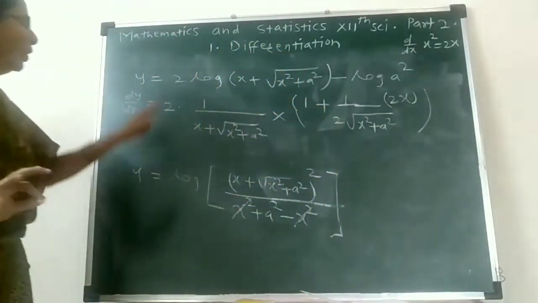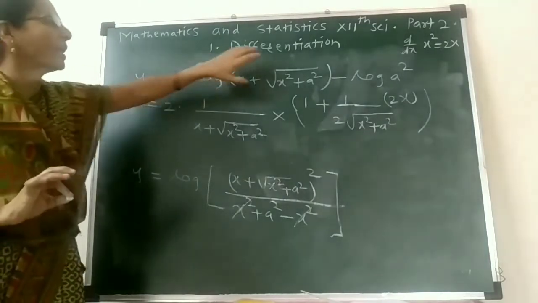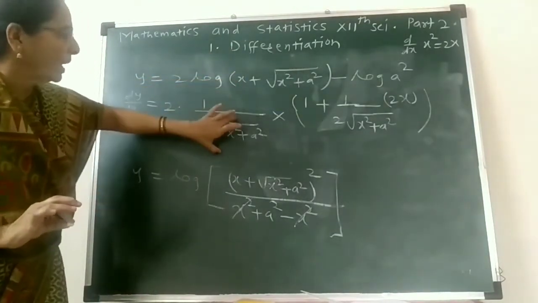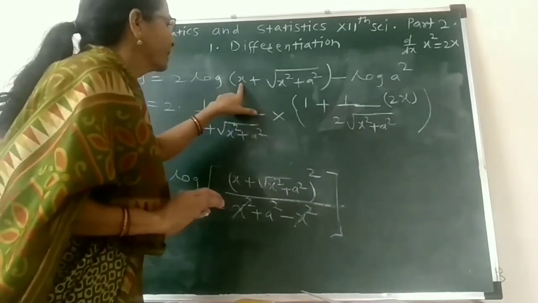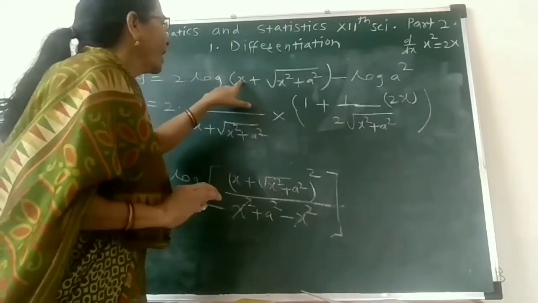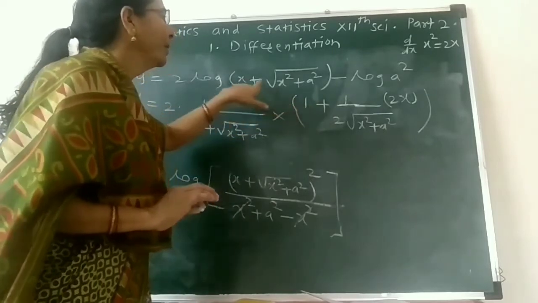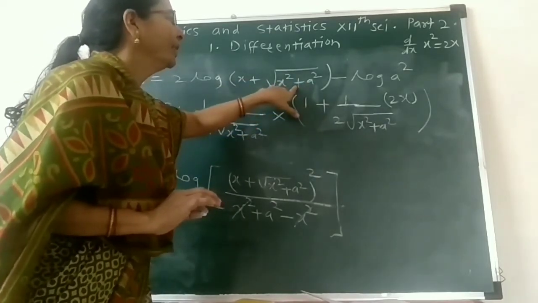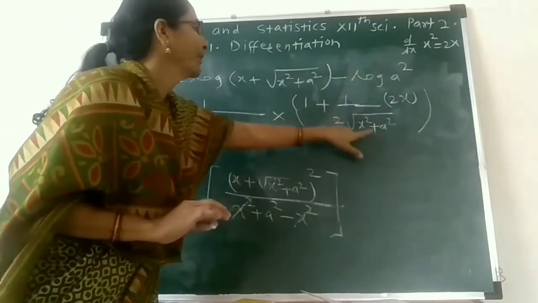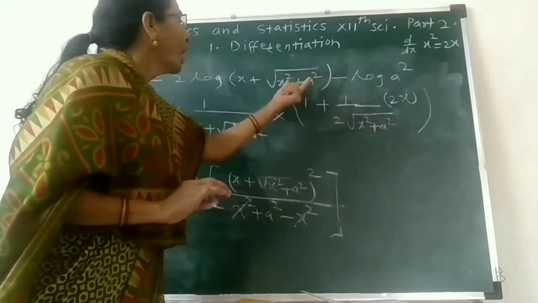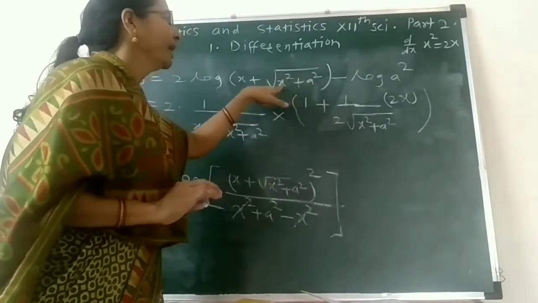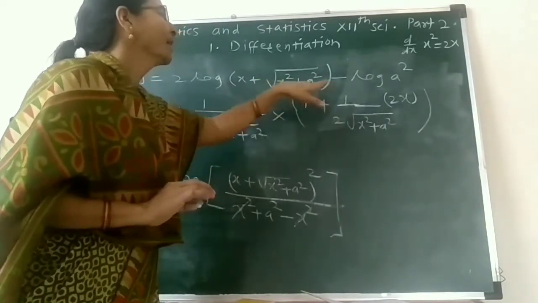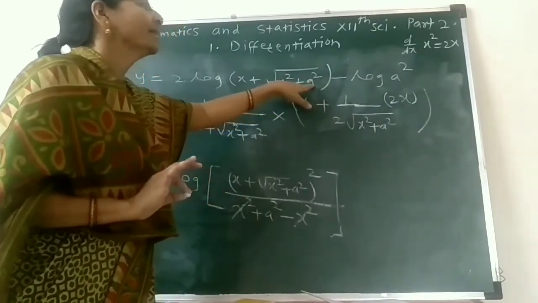See once again: 2 log x, 1 upon this term, x plus root x square plus a square, then the derivative: 1 plus derivative of this term, 1 upon 2 root x square plus a square. Also the derivative of x square plus a square is the derivative of x square, 2x, plus the derivative of a square, 0.